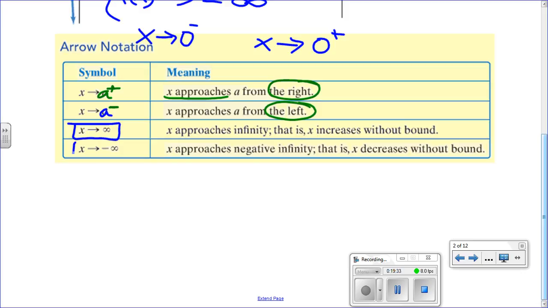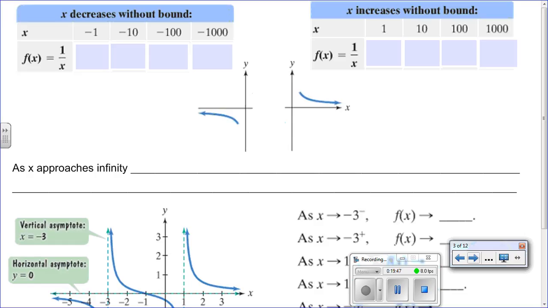But we could also say x approaches infinity or negative infinity, which means that your x values could be increasing or your x values could be decreasing. Okay, so let's try those. If you guys could do that on your calculator, please. I'm going to pause the video.